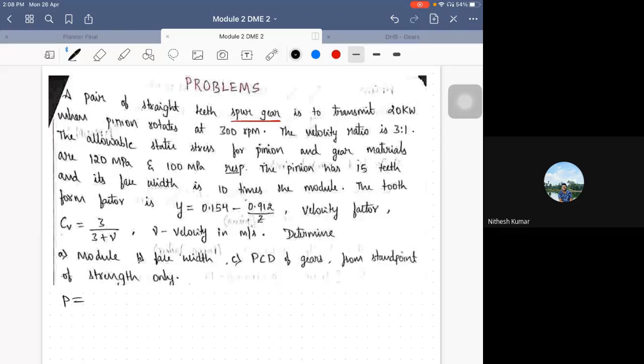P is equal to 20 kilowatts. Next, when the pinion rotates at 300 RPM. So I told you, pinion is a bigger wheel or smaller wheel? Smaller. It's smaller. So just write here gear and here pinion.